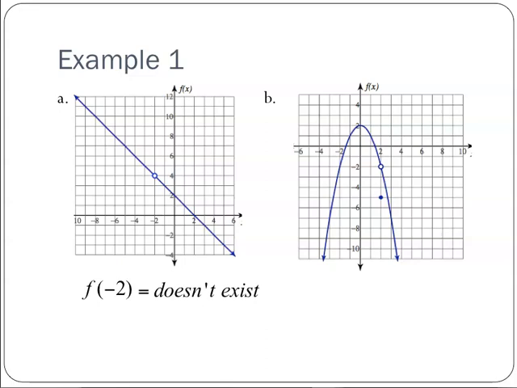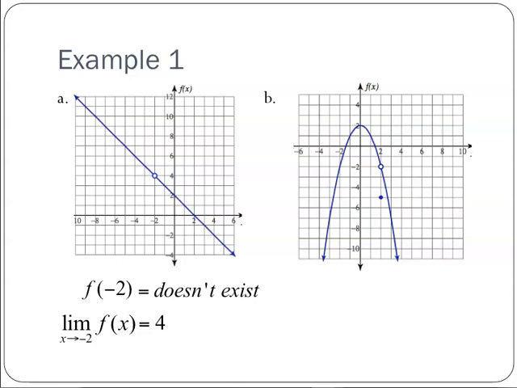But if we wanted to use limits to give us more information, we could say the limit of f of x as x approaches negative 2, when it gets very, very close to negative 2 but doesn't actually reach it, looks like it gets very, very close to 4. That gives you more information than simply saying it doesn't exist at that point.